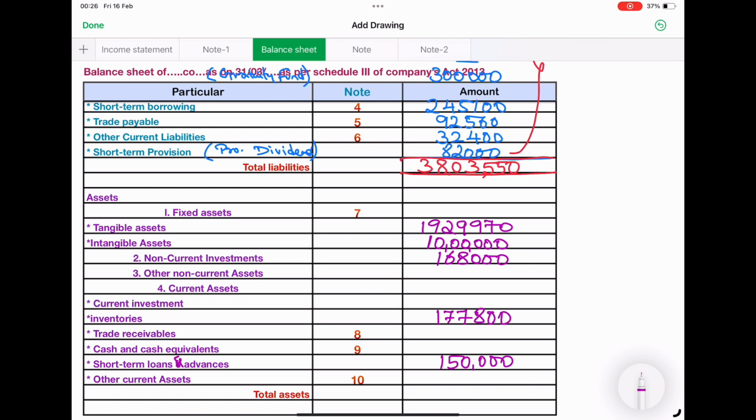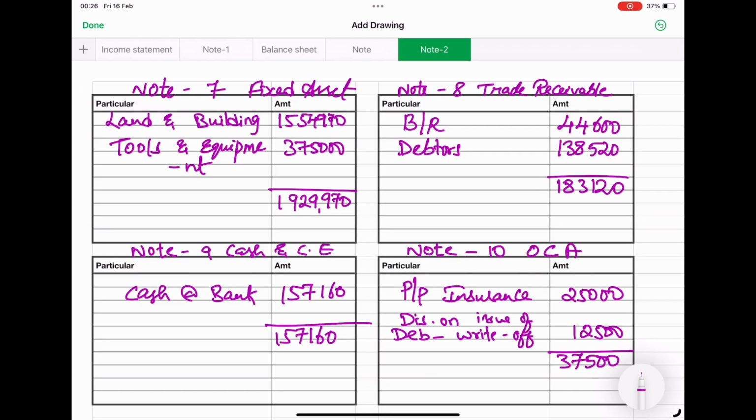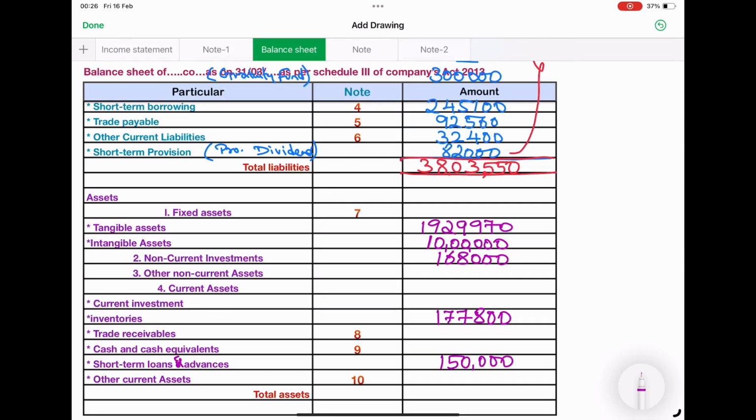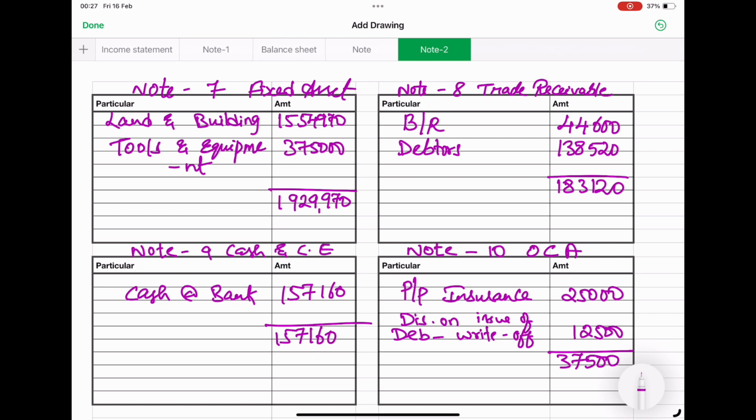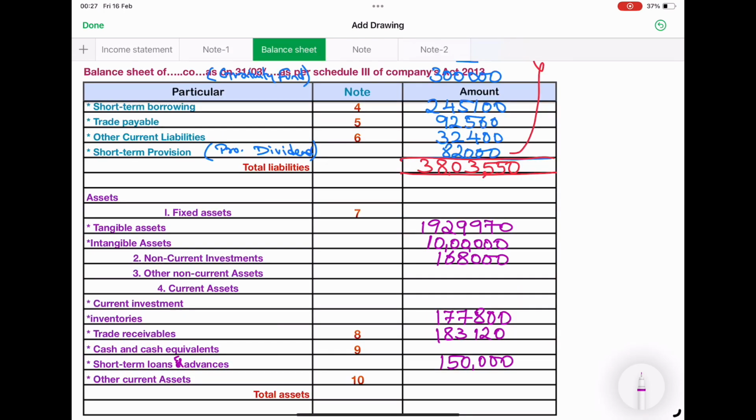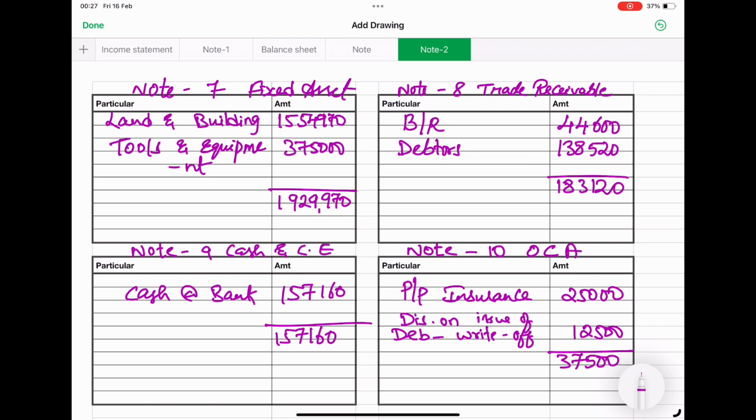Next, note 8, 1,83,120. Next, note number 9, 1,57,160. Next, last note 10, 37,500.